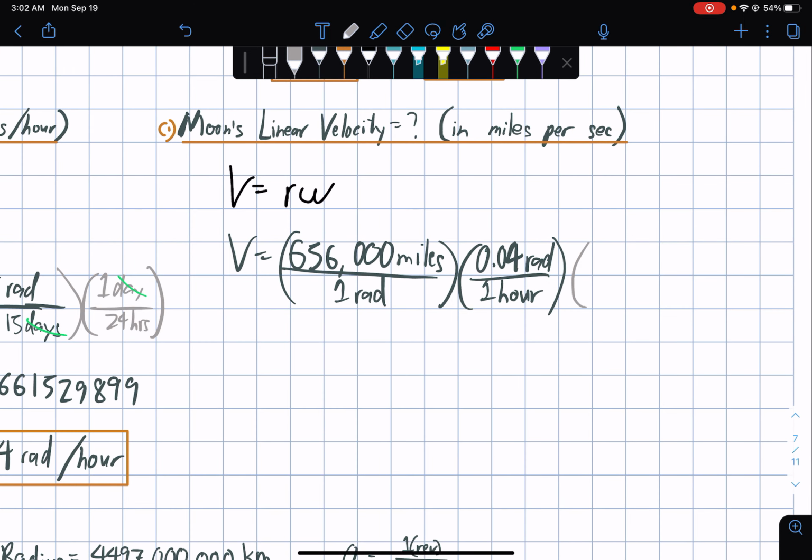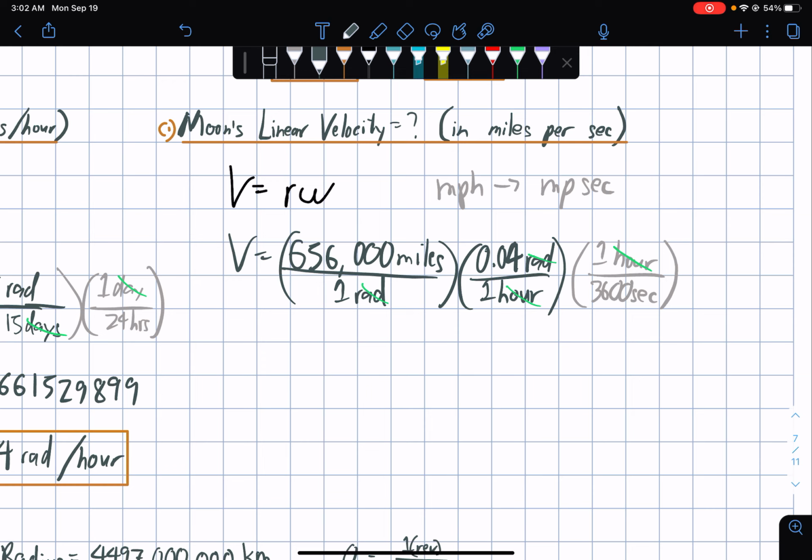So from miles per hour, we want it in miles per second. So I think we just have to change one thing here. We don't have to convert miles into something else. For both miles, we have to change the time though. So from hour, how many seconds are there in 1 hour? 3,600 seconds. So remove that. Remove these two.